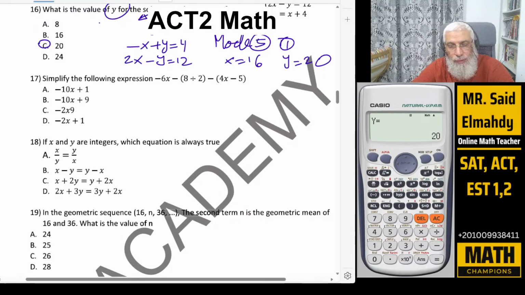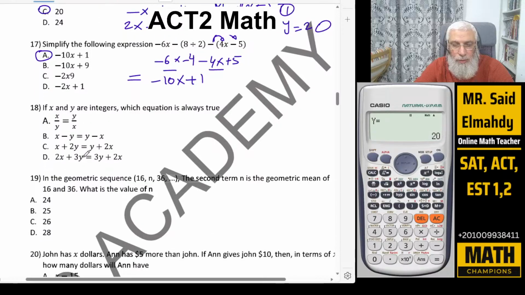Negative 6x minus 8 divided by 2. 8 divided by 2 is 4. So negative 6x minus 4, we can distribute this negative. Negative times 4x is negative 4x. Negative times negative is positive 5. So negative 6x minus 4x is negative 10x. Minus 4 plus 5 is plus 1. So the answer is negative 10x plus 1.